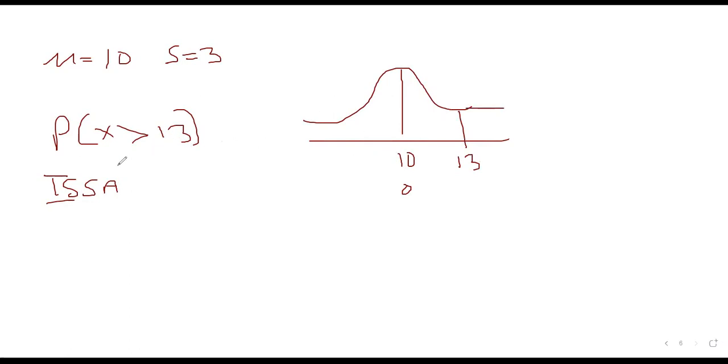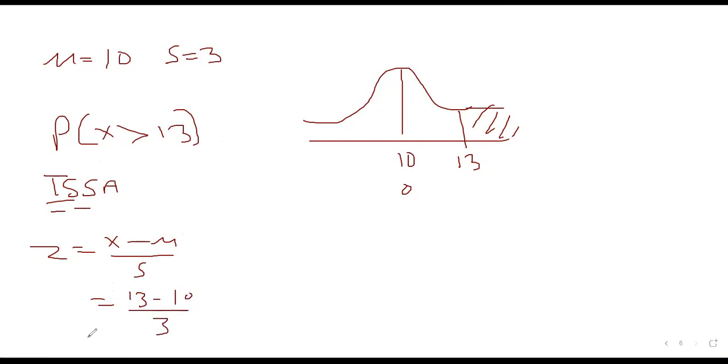So step 2, we've been asked to shade. So illustrate, shade. Step 3, standardize. This 13 I need to standardize. So Z is equal to X minus mean over standard deviation. So here it will be 13 minus 10 over 3. So this will give you my Z, which is 1. So the reading from here to here is what I'm going to get in the table.